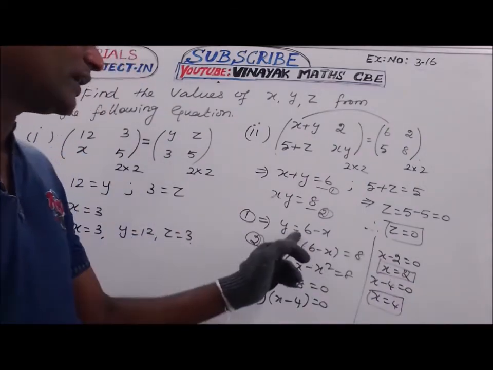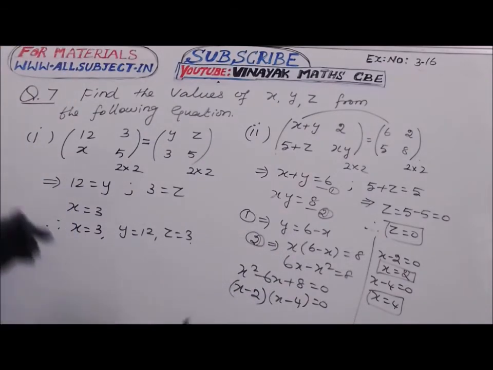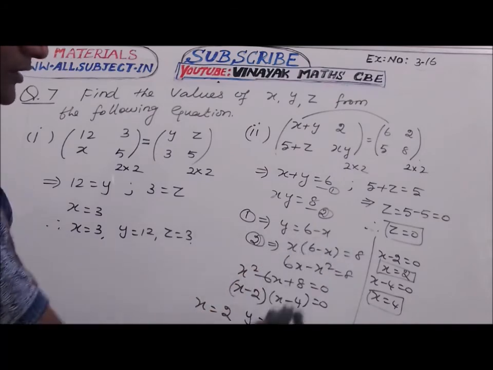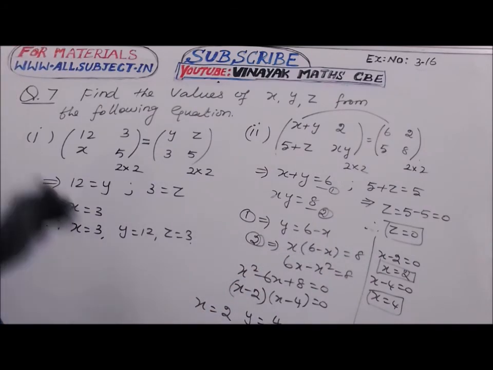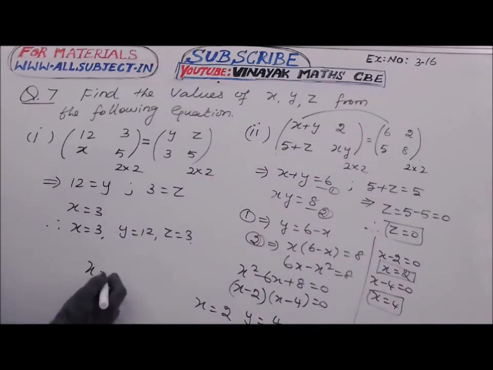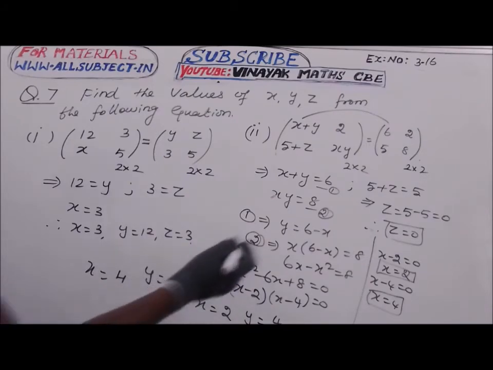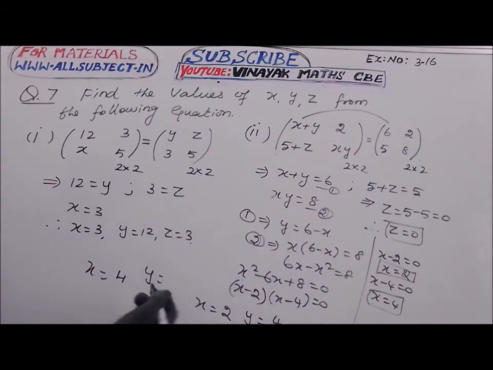Substituting x is equal to 2 in this, we will get y equal to 6 minus 2 is 4, and when x is equal to 4, y equal to 6 minus 4 equal to 2. So the values of x are 2 comma 4.